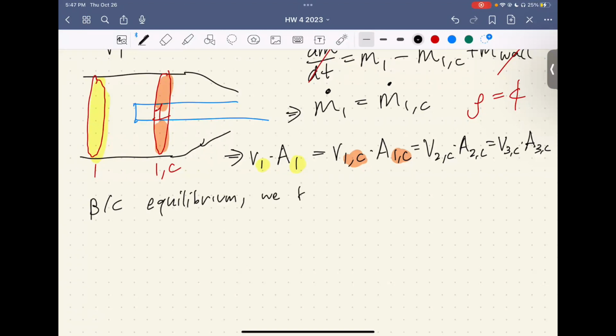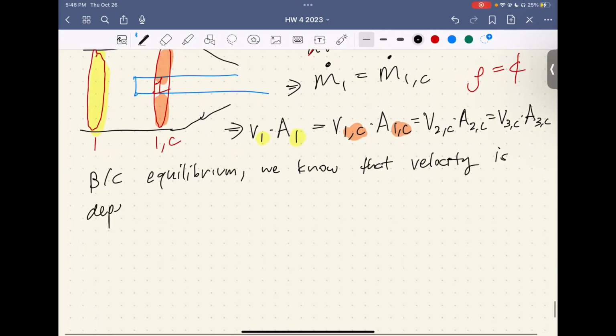We know that velocity is dependent on cross-sectional area, AC.